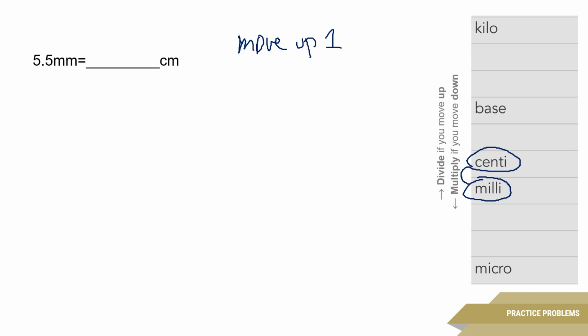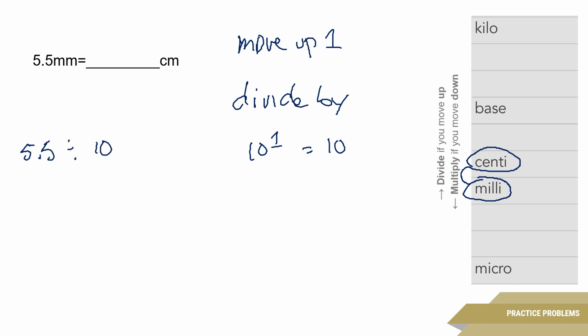And again, if you move up, you divide. So we're going to divide by 10 to the first power, which is really just 10. So we're going to take 5.5 and divide it by 10. You can keep the exponent in there if it makes you feel more comfortable, or you can leave it off. It doesn't matter. Either way, you're going to get 0.55.